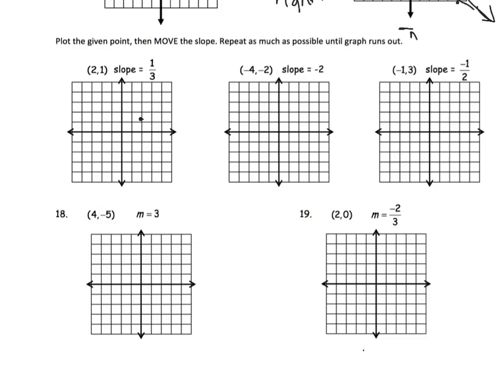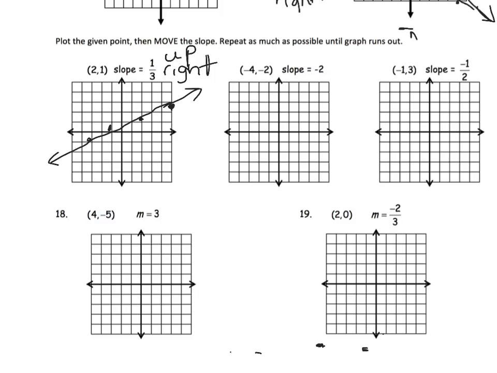So it's up 1 and right 3. So up 1, right 3. And now we just continue the pattern.